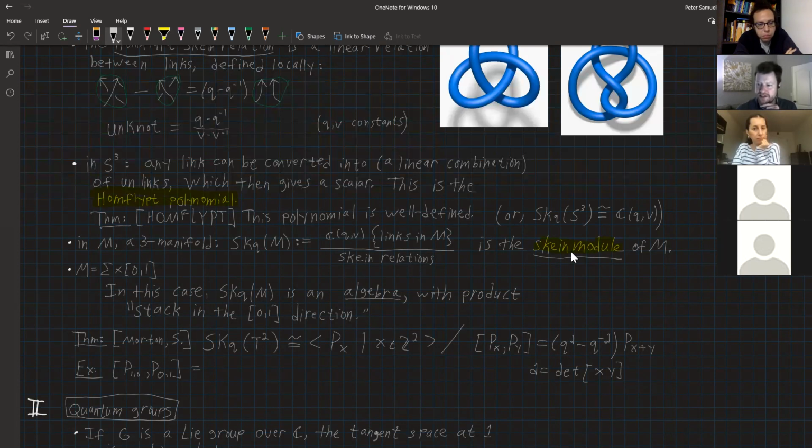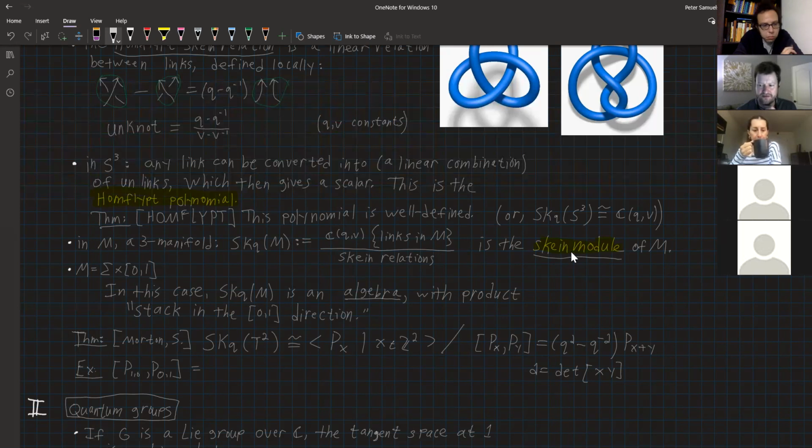And then we show that these satisfy these relations, that the commutator of two generators is a constant times another generator. So if you commute p sub x and p sub y, then you get p sub x plus y. And the constant that shows up here is like this quantum integer, basically. So here D is the determinant of the matrix that you get, the matrix with columns x and y.